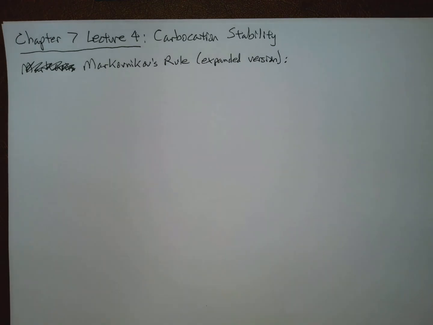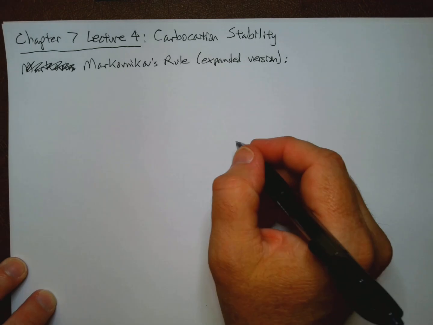The expanded version of Markovnikov's rule states that when you're doing an electrophilic addition to an alkene, the more stable intermediate is formed.